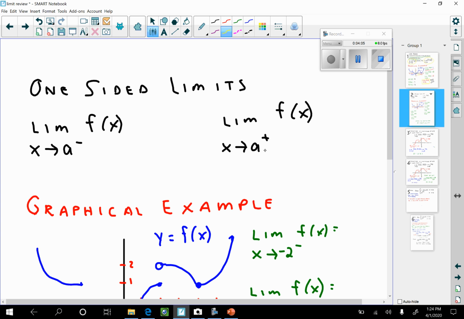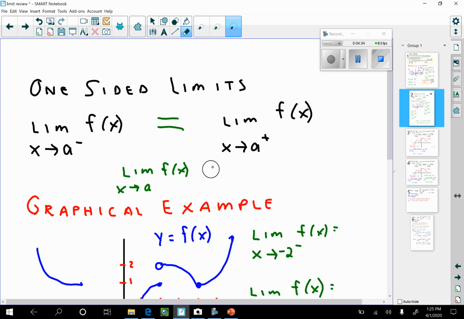If the limit as x approaches a from the left of f of x is equal to the limit as x approaches a from the right of f of x, if this is true, then I can say the limit as x goes to a of f of x exists. Let's be more formal about that: it equals L, where L is a real number.